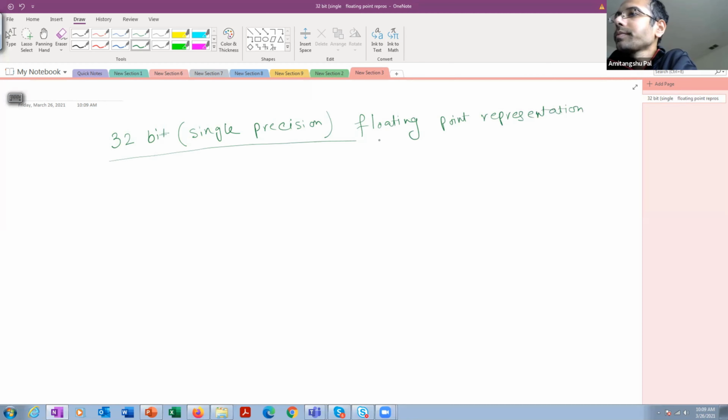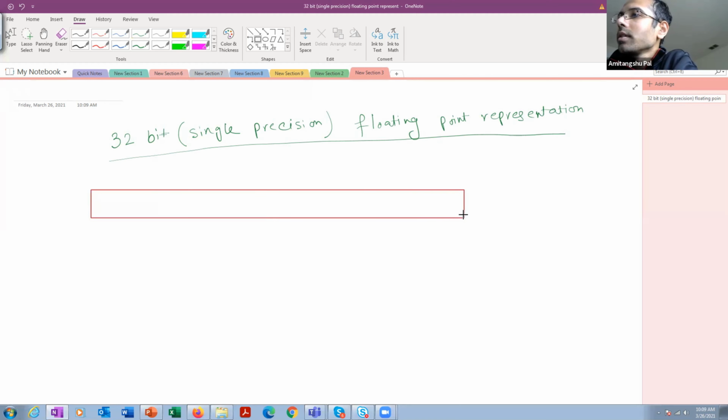In case of 32-bit floating point representation, the first bit is the sign bit, the next 8 bits are exponent, and the next 23 bits are mantissa. And then we have learned the normalized case, denormalized case, and special case.